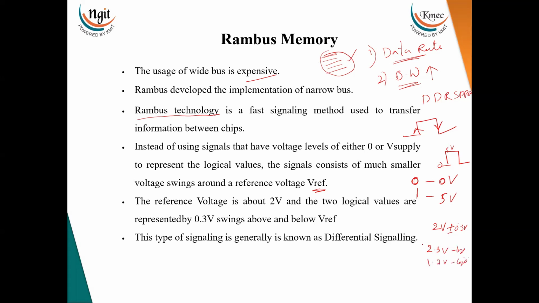The difference between logic 0 and logic 1 is less compared to the normal voltage levels. This is nothing but Rambus technology. By using this, the transition time from 0 to 1 and 1 to 0 will be less. This type of signaling is generally known as differential signaling.